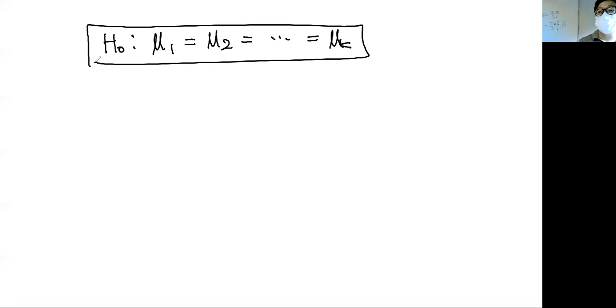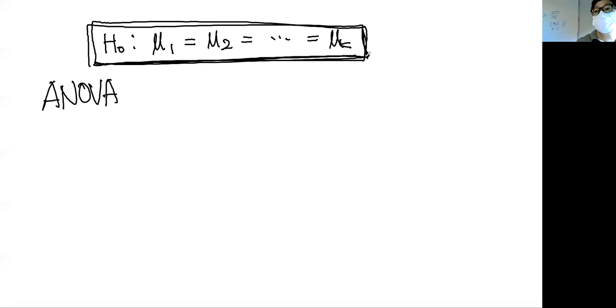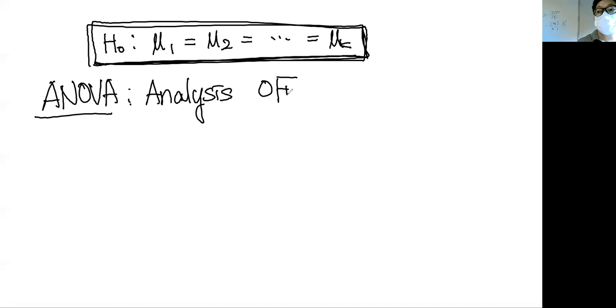What we are doing? We are discussing the ANOVA. In ANOVA, we compare the means, the K means, K unknown population means. But what does ANOVA stand for? It is the analysis of, not mean, but variance.